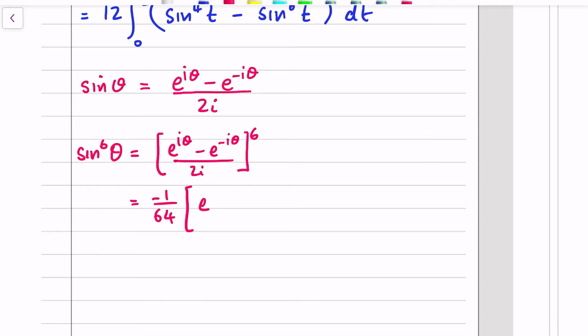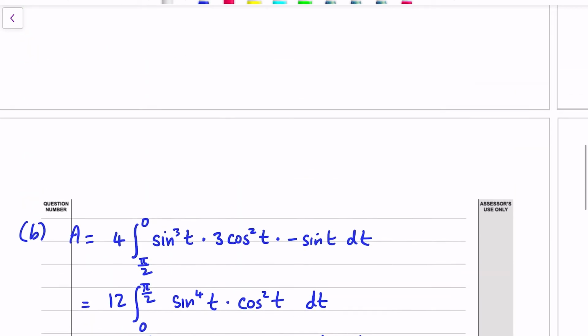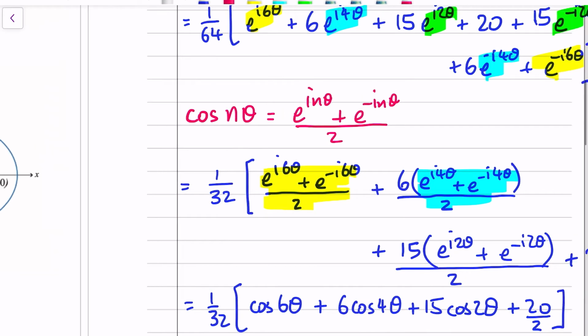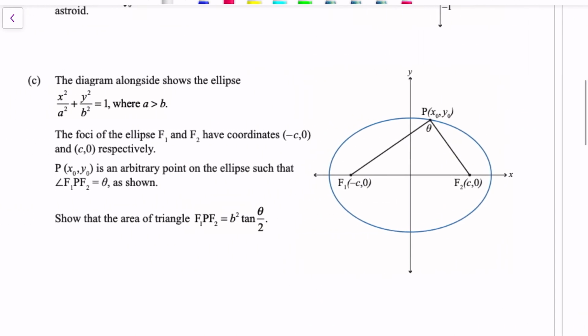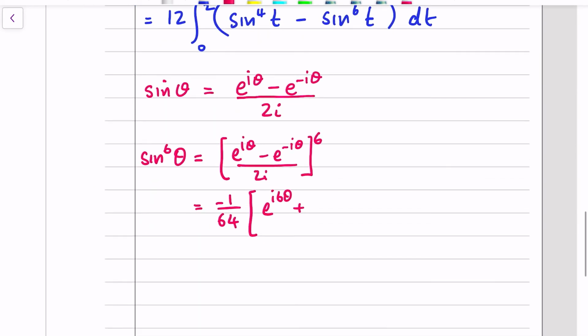So we get e to the i6 theta plus, what were my coefficients before? It was 6, 15 and 20. It's going to alternate between pluses and minuses, depending on whether I take an odd or an even number of the second term.